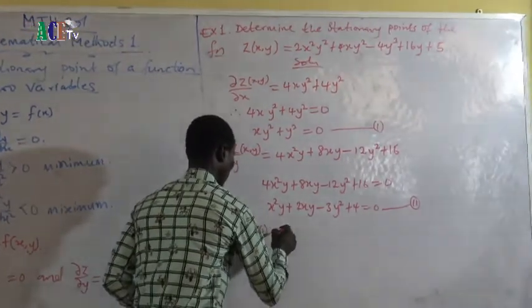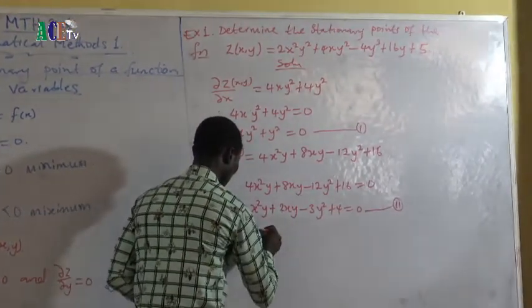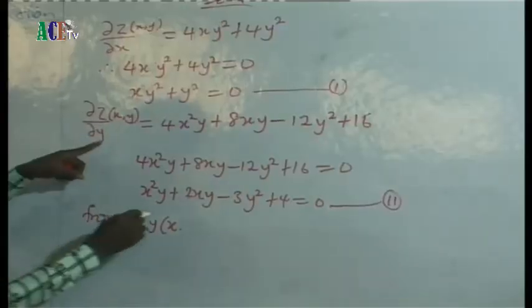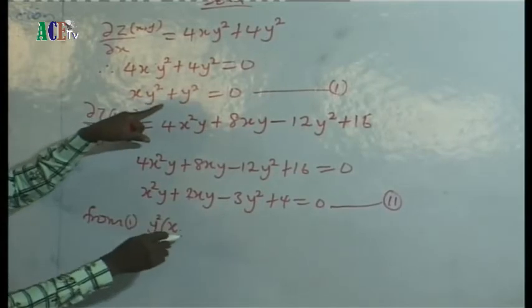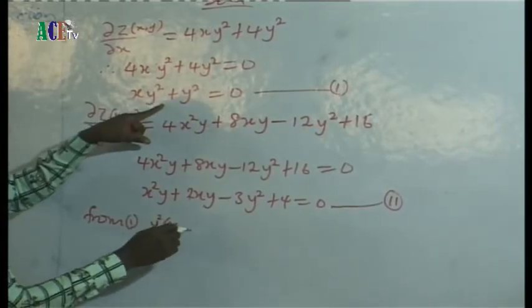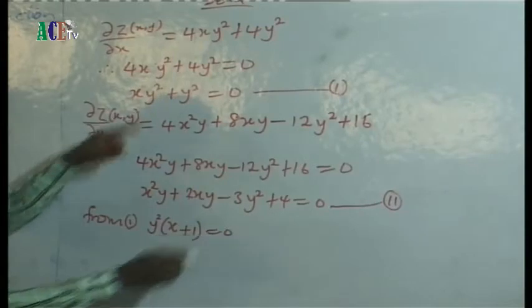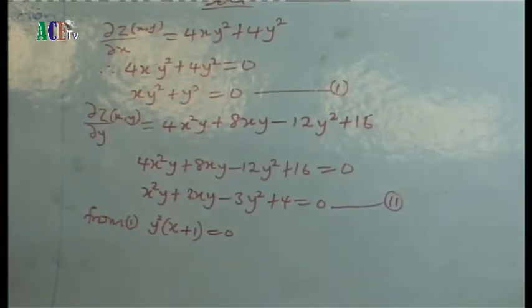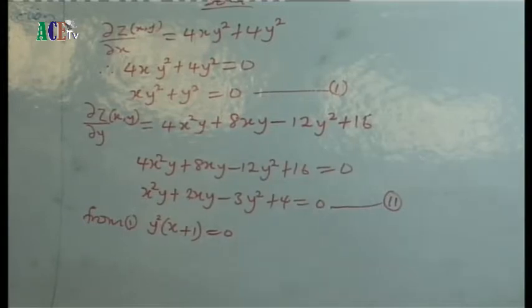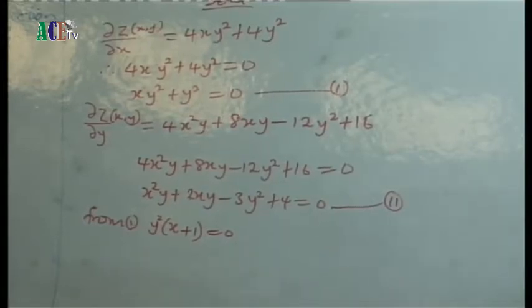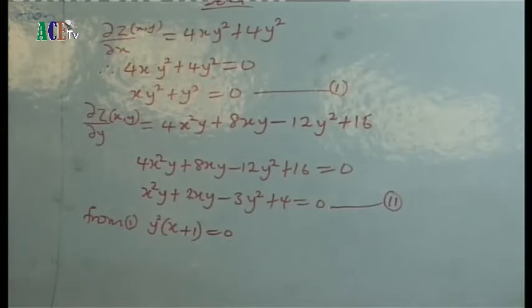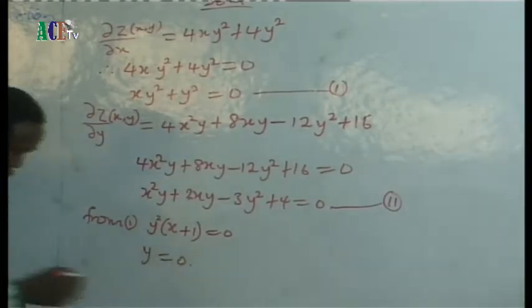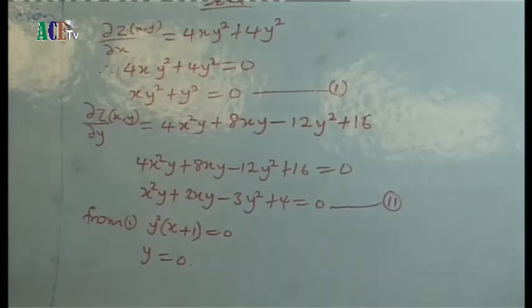From 1, I can have y squared into x plus 1 is equal to 0. Yes, and I will have this one, y to be equal to 0.